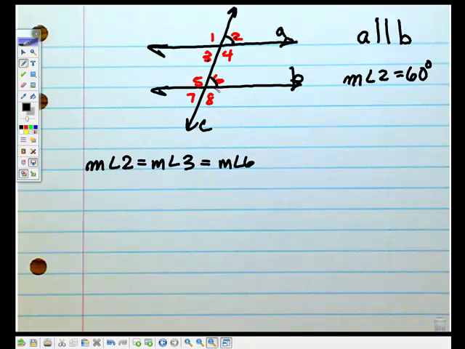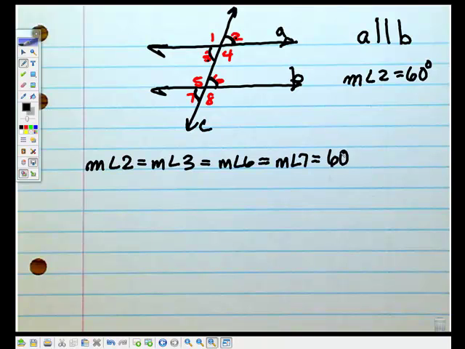If 6 is equal, then it's got to be equal to 3 because they're alternate interior angles, and 6 has to be equal to 7 because 7 and 6 are also vertical angles. So the measure of angle 7 is equal to that. And not only that, the measure of angle 2 has to equal the measure of angle 7 because they're alternate exterior angles and therefore congruent. So all of those angles are 60 degrees.